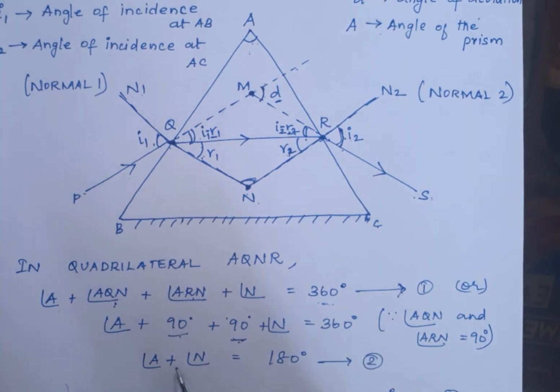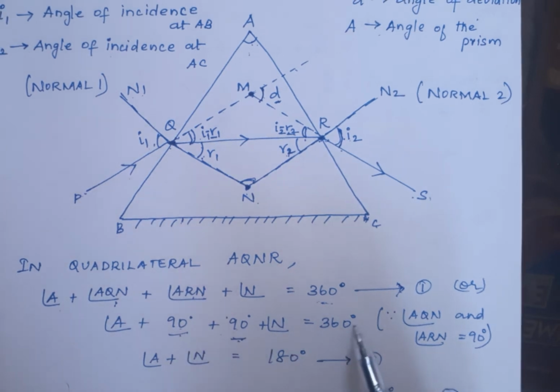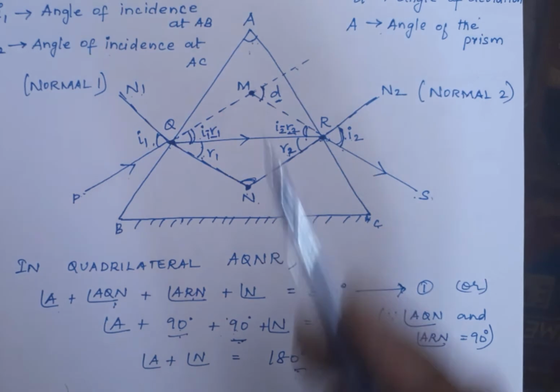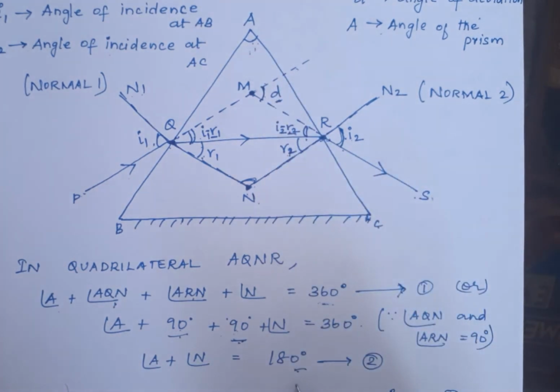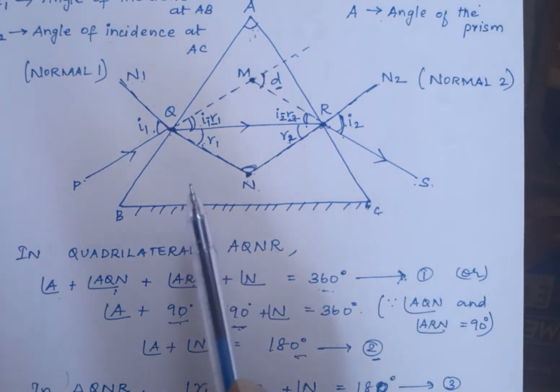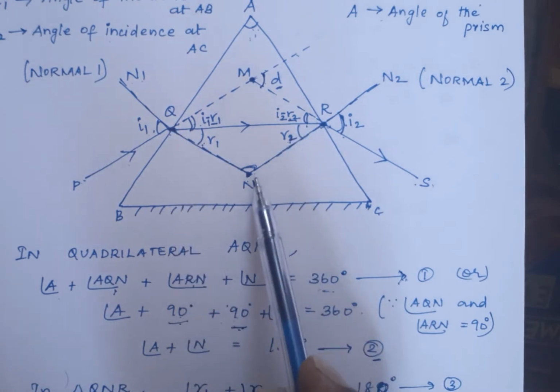Or you can write A plus N equals 180 degrees, because 360 minus 180 gives A plus N equal to 180 degrees. Let us give numbers to the equations. Let this be equation number 1 and this be equation number 2. Again, coming to the triangle QRN.